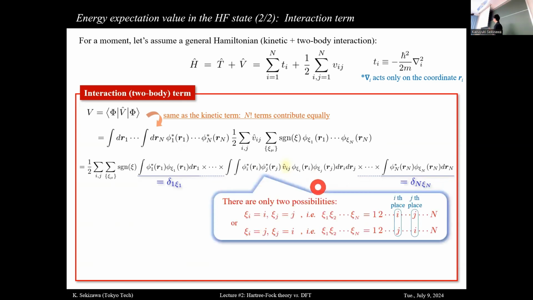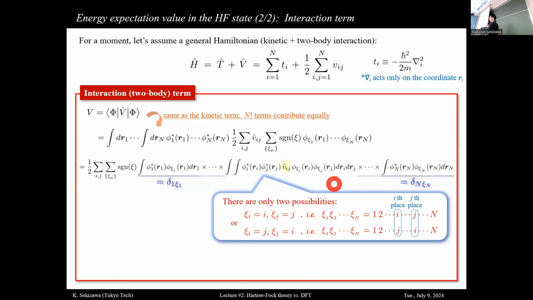Then there remain two possibilities in this case. The first one is that all xi 1 to xi n are in ascending order, 1, 2, 3 to n. In other words, xi i equals i, xi j equals j.